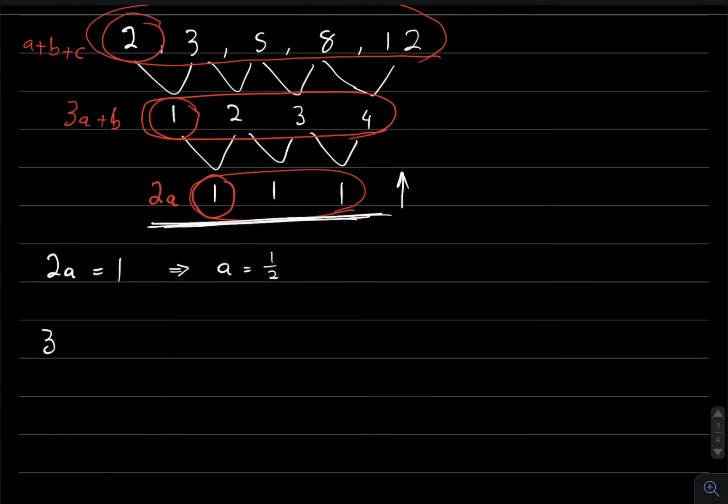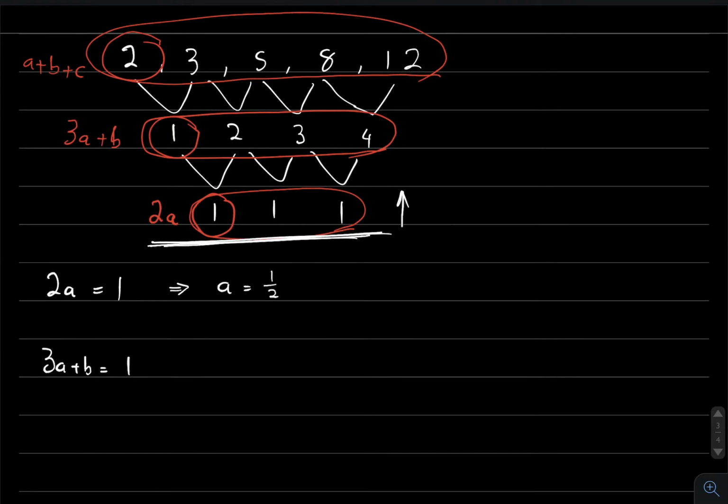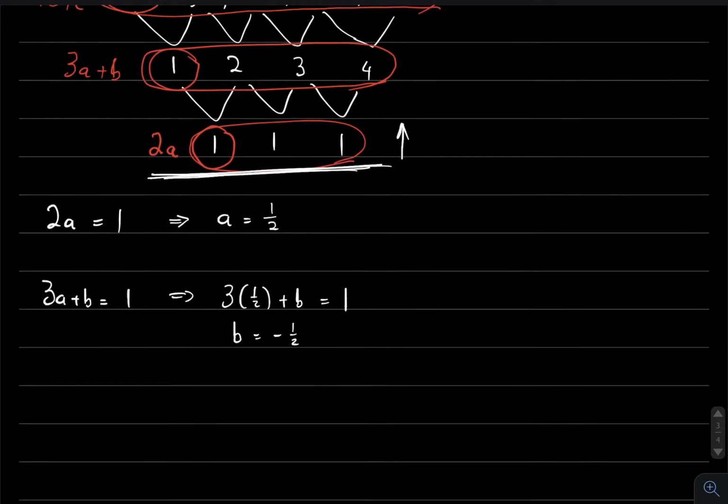Okay, move up. We get 3a plus b equals 1 again. We substitute the value of a, that's 3 times 1 over 2, plus b is equal to 1. So we get b is equal to negative 1 over 2.